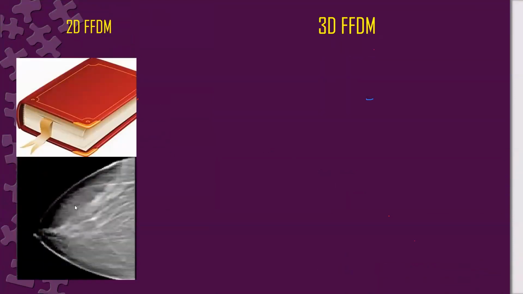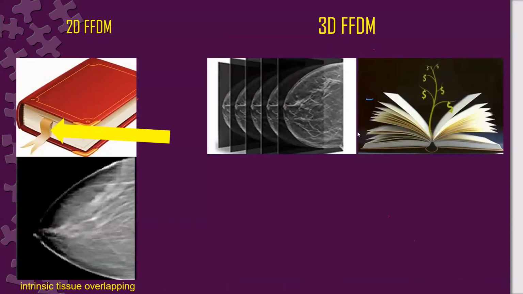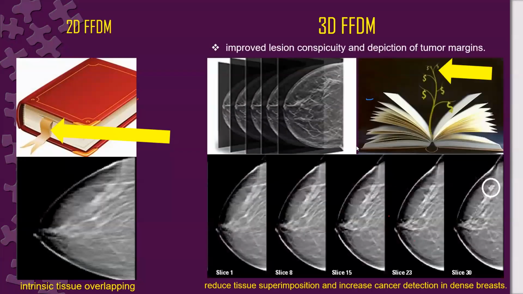Again, the same thing. In this 2D image, I'm looking for something inside, between these stacked papers covered by the book cover. It is hard to see. But when I open the book and look inside, can you see here?